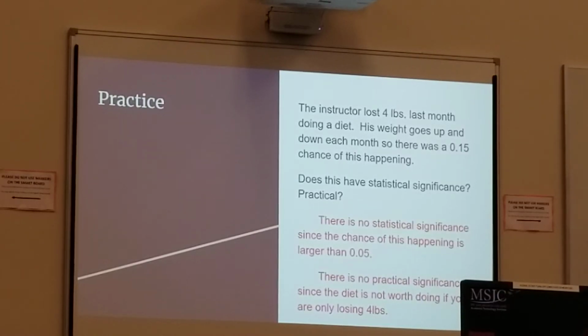I have a real example of whether it's practical or not. I have a sister who is trying to get what's called a gastric sleeve, and the doctors said she has to lose a certain amount, I think it was 30 pounds, before she could be eligible for the surgery. In this case, the length of time is not clearly specified. It says last month he lost a certain number of pounds during the diet, but then it said on the months that the diet occurred, which we don't know how many that was.